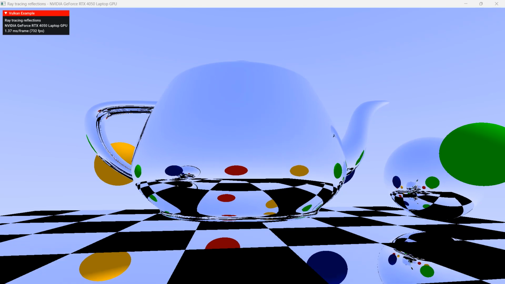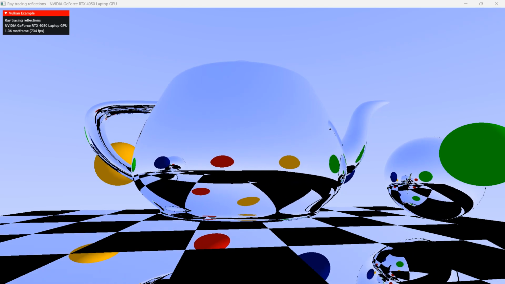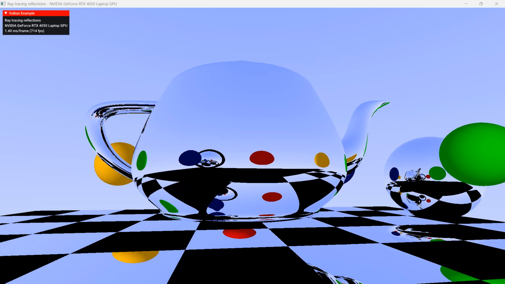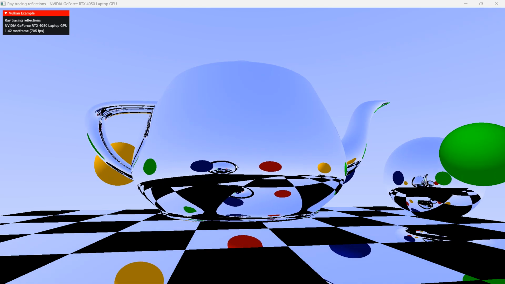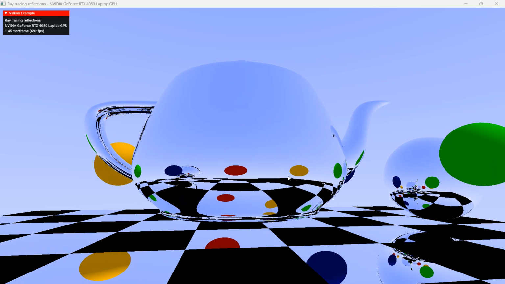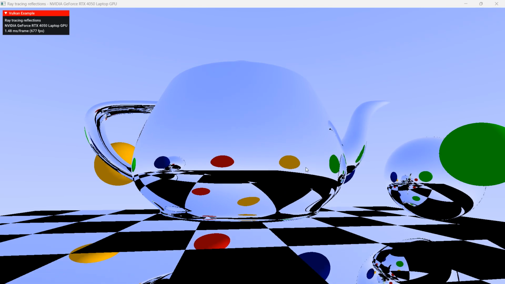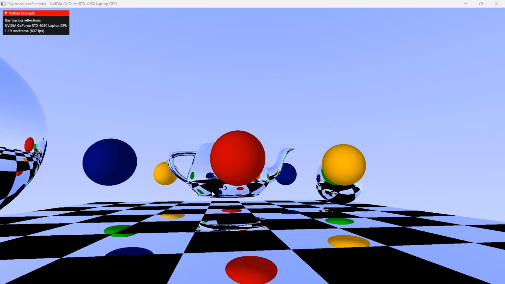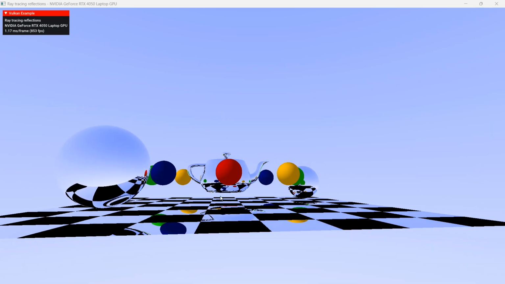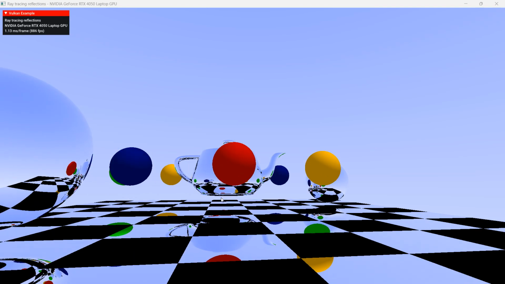We could make it more violent. I'm just recompiling the shader now, but all of this stuff is controlled with Vulkan, right?